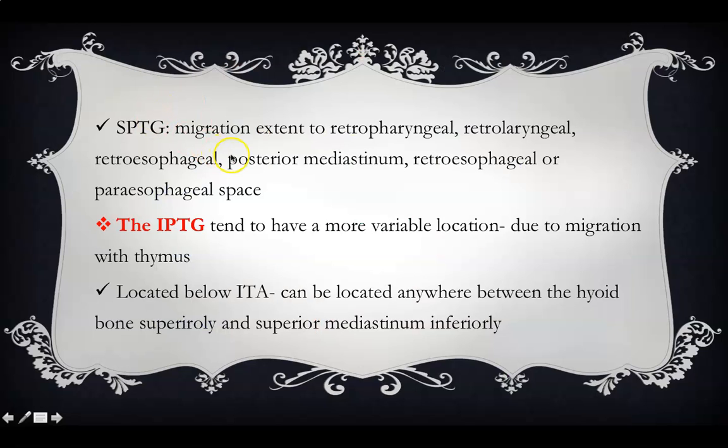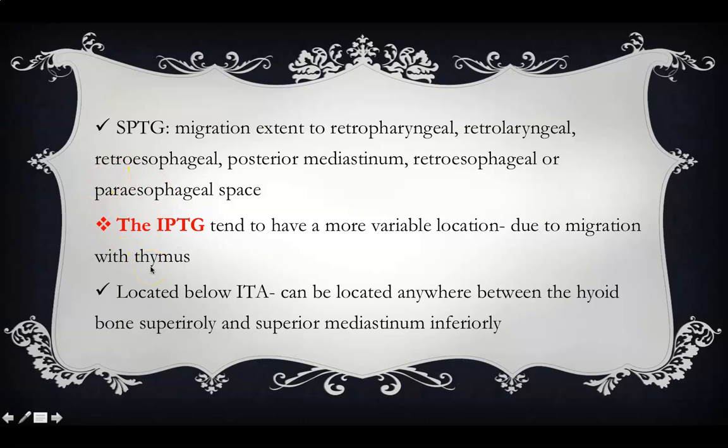Now the anatomical variation of the superior parathyroid gland. It can be present anywhere in the retropharyngeal, retrolaryngeal, or retroesophageal area, also the posterior mediastinum, retroesophageal or paraesophageal space.